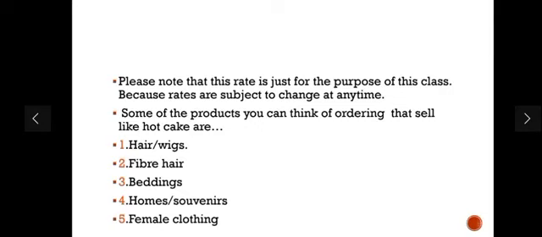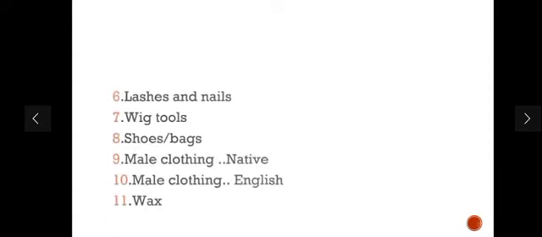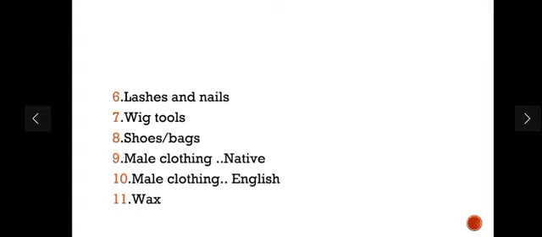So we're going to check some of the products that you can think of ordering and reselling. Some of the hot cake products that the teeming population in Nigeria are prone to buy. For example, we have hair and wigs. Yes, you know the ladies, they love hair. So you can import hairs, wigs and resell. We have fiber hair, beddings, souvenirs, female clothing, jeans, lashes, nails, press on, wig tools, what you want to use for revamping of hair and everything.